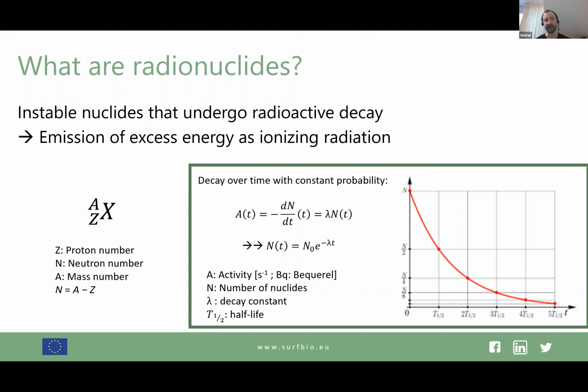There will be a time when they will be gone, and you have to take that into account when you plan your process and your experiments, and choose a radio tracer whose half-life is compatible with the processes that you want to measure. You cannot do a release study over months when your radio tracer has only a half-life of a few hours.